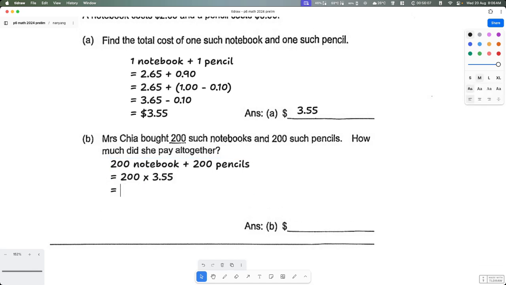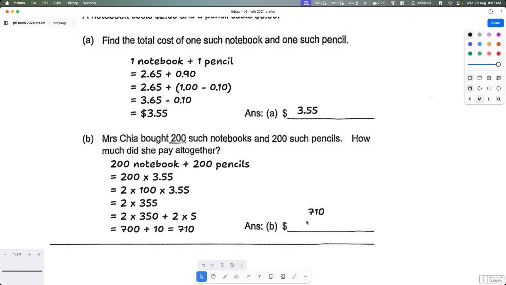That's 2 times 100 times 3.55, which is 2 times 355. I'm going to break this down as much as possible. 700 plus 10 is 710. There you go, so that's your answer, $710.